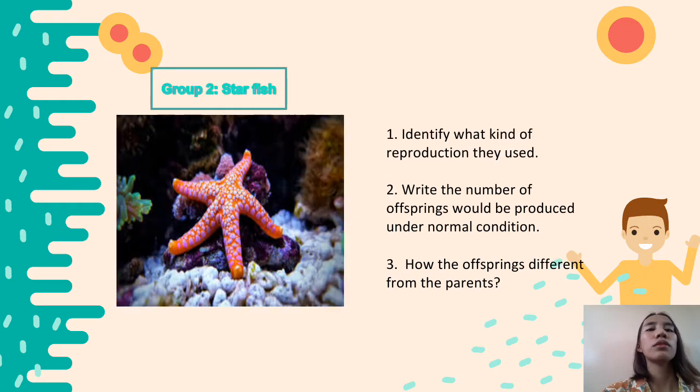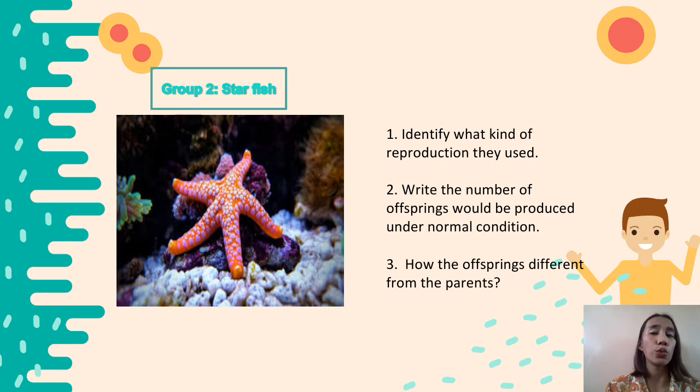Group 2, please present your work. Okay, very good. The assigned organism in group 2 is the starfish. So how do they reproduce? They reproduce on their own. They do not need any other organism to reproduce.